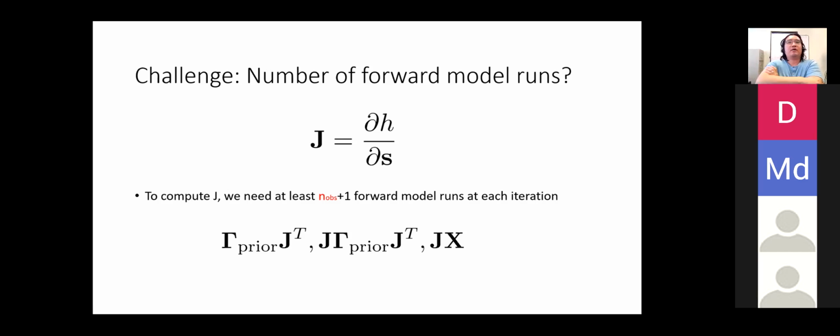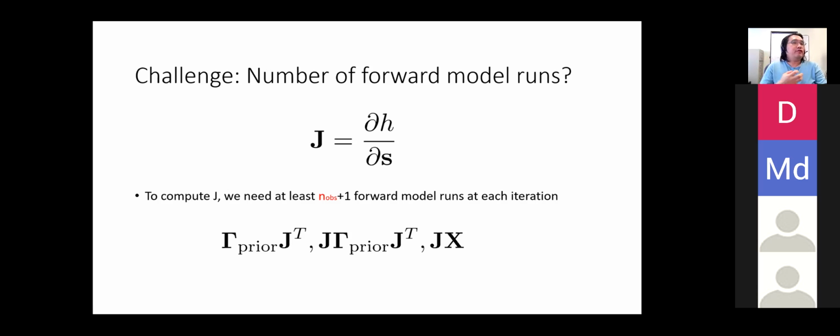This is because you usually require computation of the gradient information to do some kind of optimization of your data misfit, your data matching problem. In this case, you need to construct the Jacobian matrix, which is the gradient of your forward model simulation with respect to your state variable.